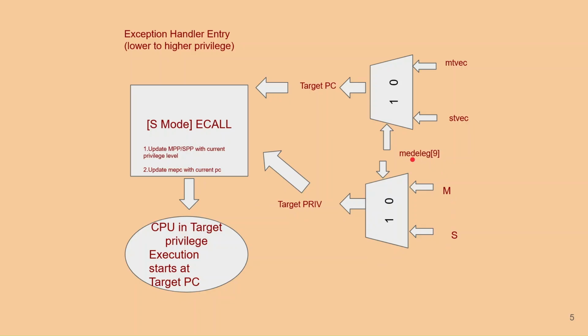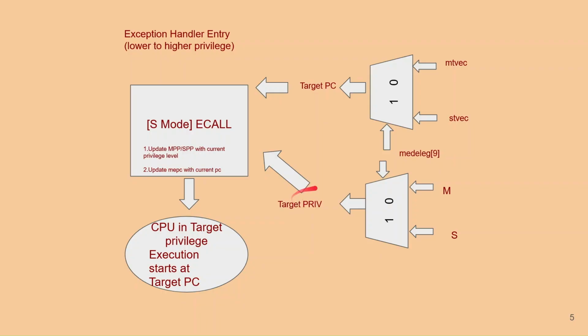That decision is controlled by the MEDELEG CSR. If the bit corresponding to the exception is set in the MEDELEG CSR, the exception is delegated to supervisor mode. So the target privilege level is supervisor mode. If the bit corresponding to the exception is clear, then the target privilege mode is machine mode.